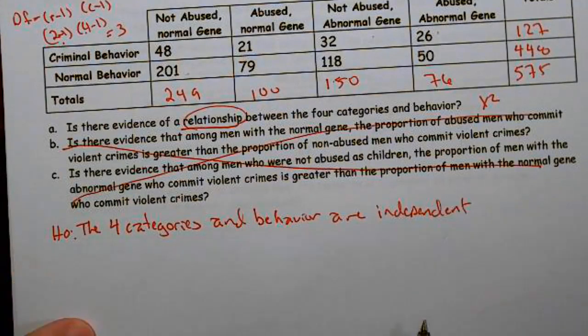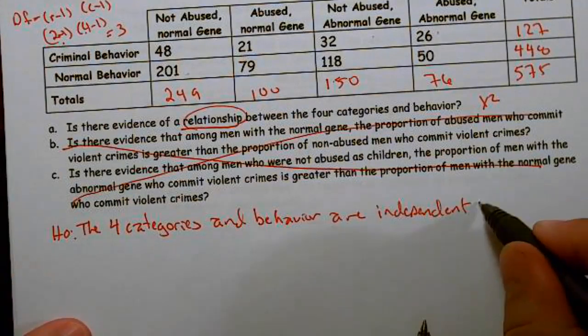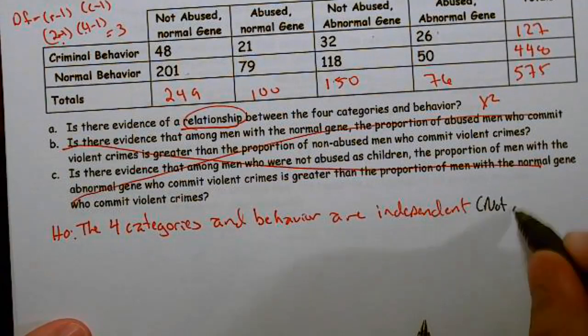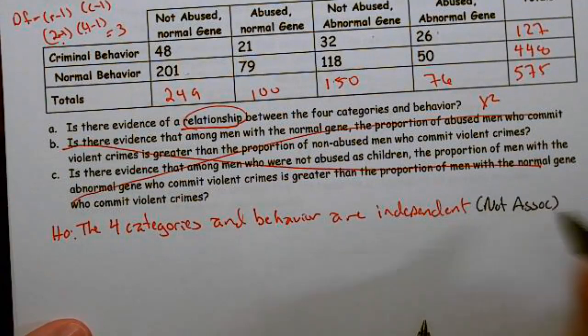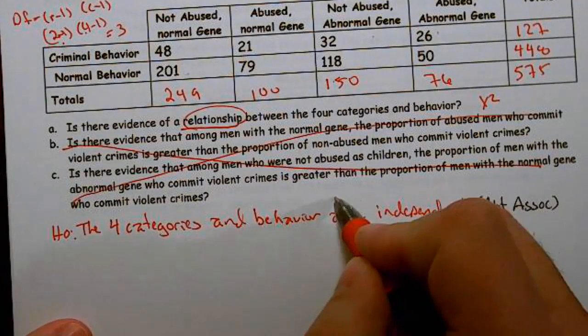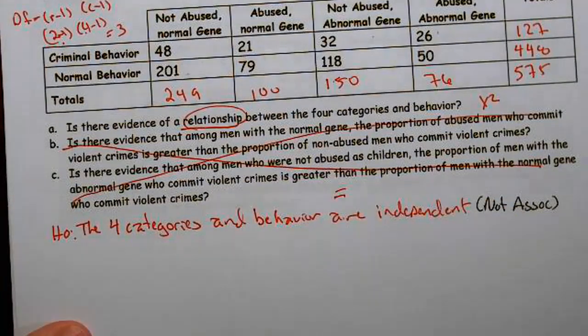If they're independent, this is our note to ourselves, that means they are not associated. And we like doing it this way because this is consistent with our equal sign.